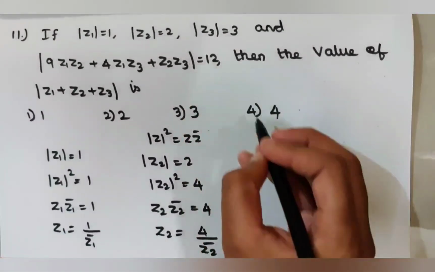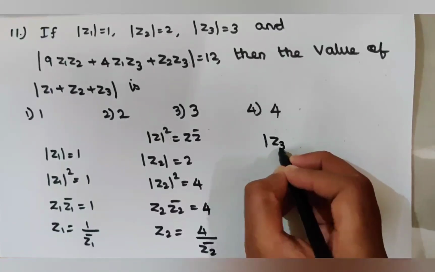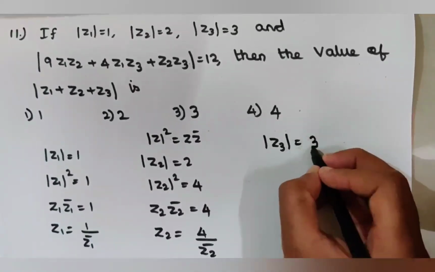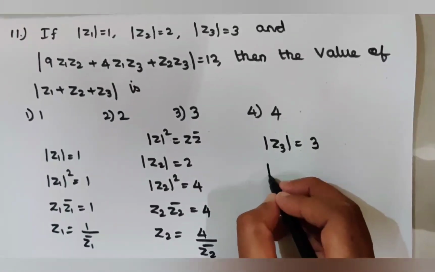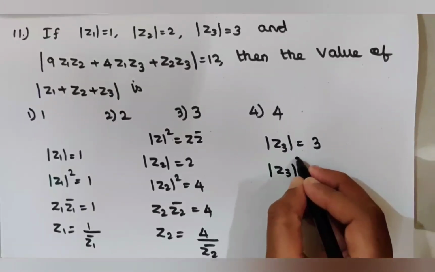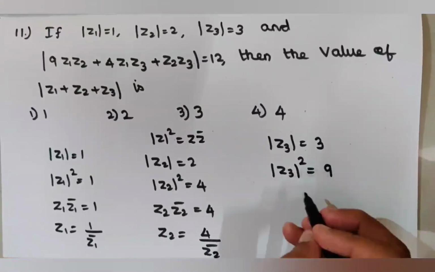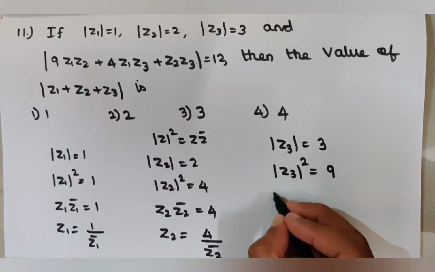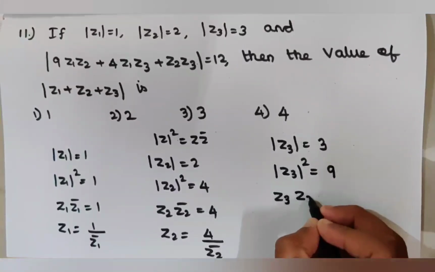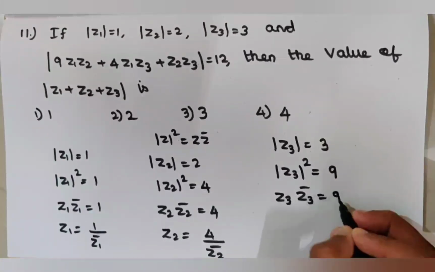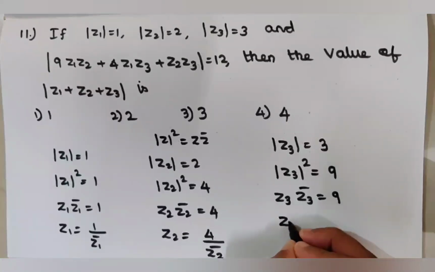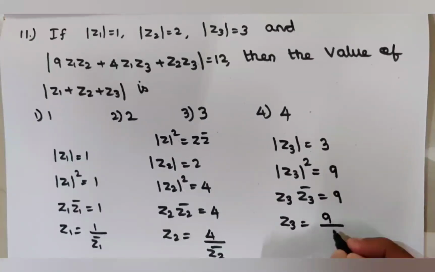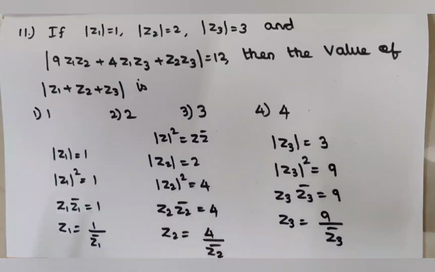Then finally modulus of z3 is equal to 3. Taking square on both sides, modulus of z3 square is equal to 9. Modulus of z3 square can be written as z3 z3 bar is equal to 9. I want z3, so z3 is equal to 9 divided by z3 bar.